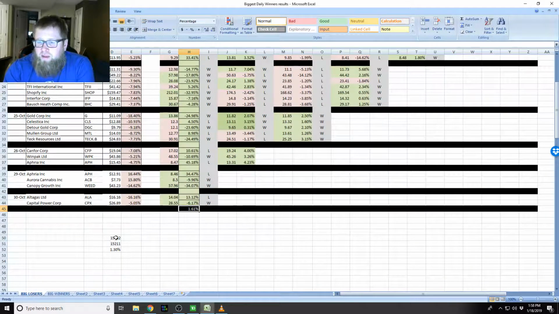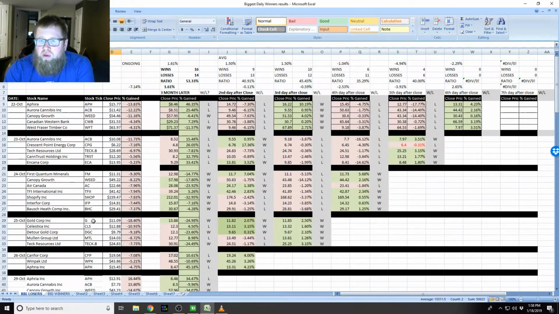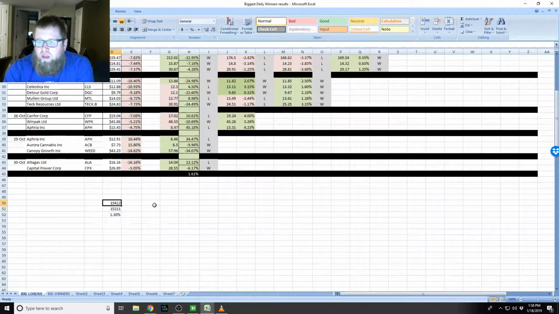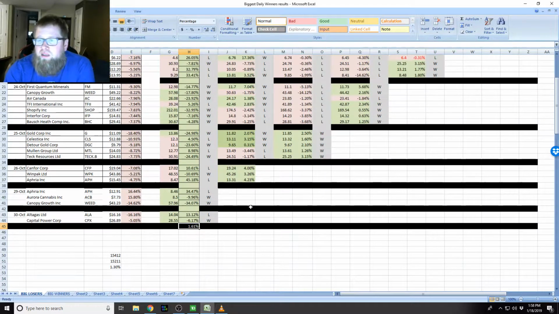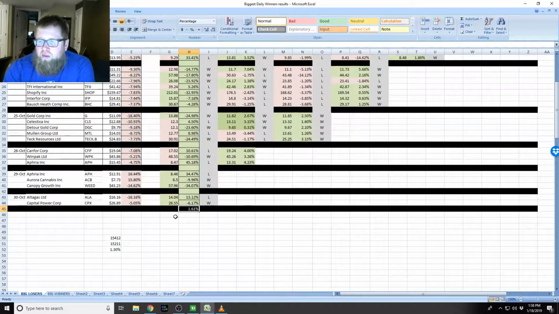And compare that to the overall market, which October 22nd closed at 15,412 and is currently trading at 15,211. The whole market is only down approximately 1.3% during this time. So these stocks have actually underperformed the market by about 0.3%. That was the big number I was looking for.